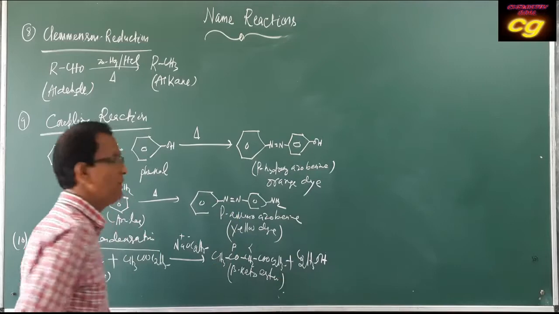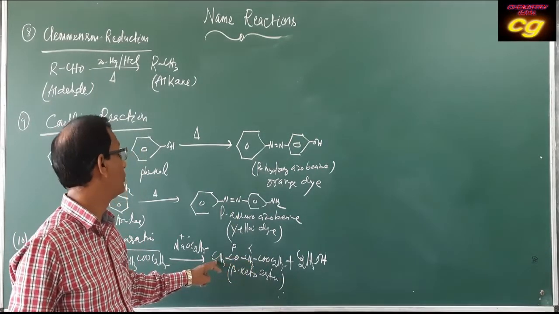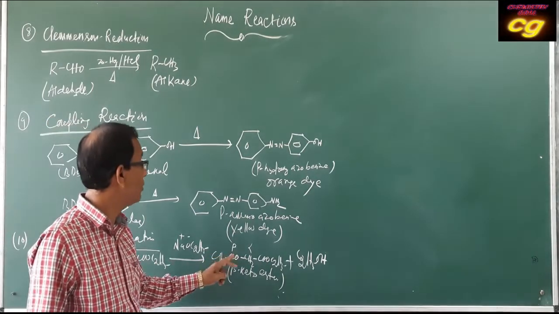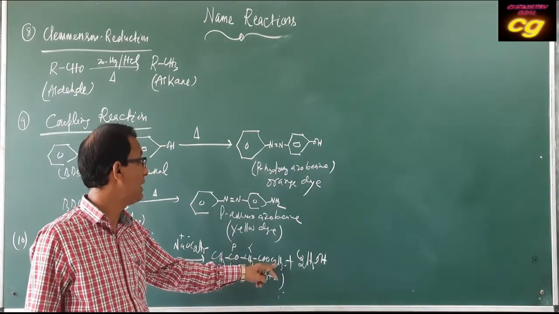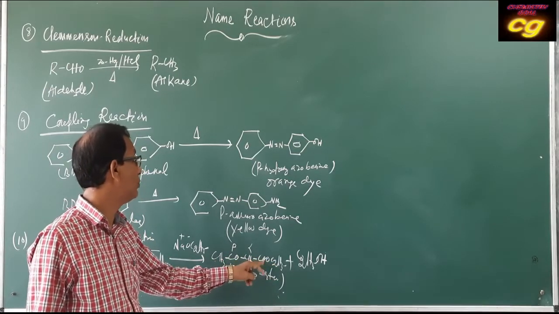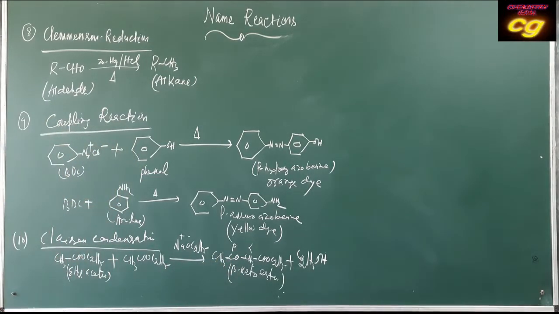If you give the numbering 1, 2, 3, 4, the IUPAC name is ethyl 3-oxobutanoate, but generally it is called beta keto ester.